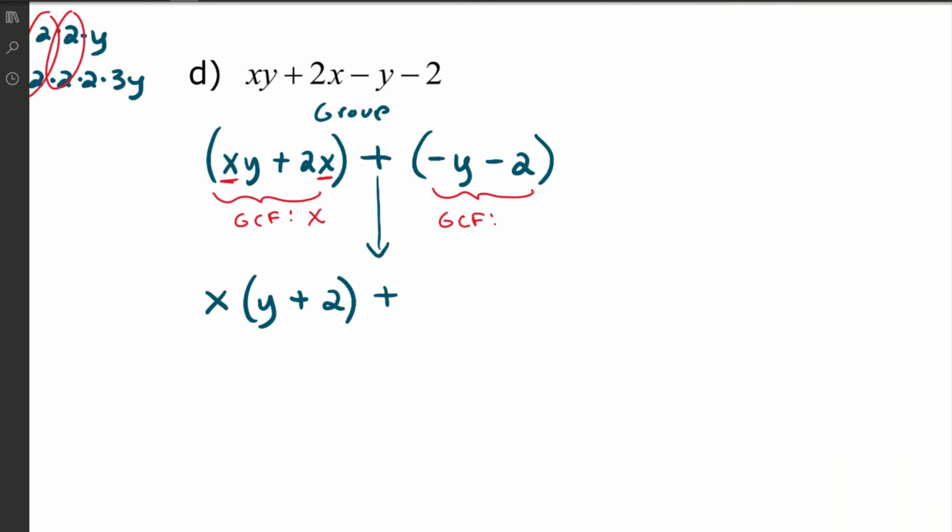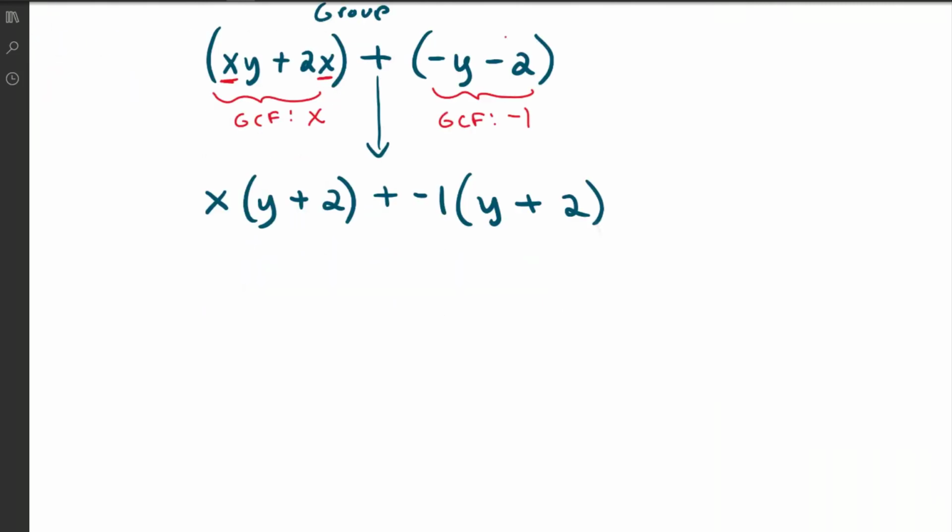And then over here, this GCF. So this one has a negative as a GCF, like -1. So there's not really anything else you can factor out other than a -1. So there's nothing else that goes in common variable-wise. So we're going to factor out a -1, which means instead of making it positive down here, you can just make it -1, and then this will be y plus 2 right there.